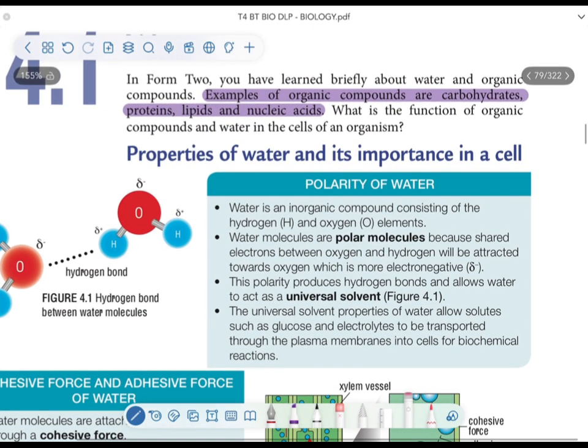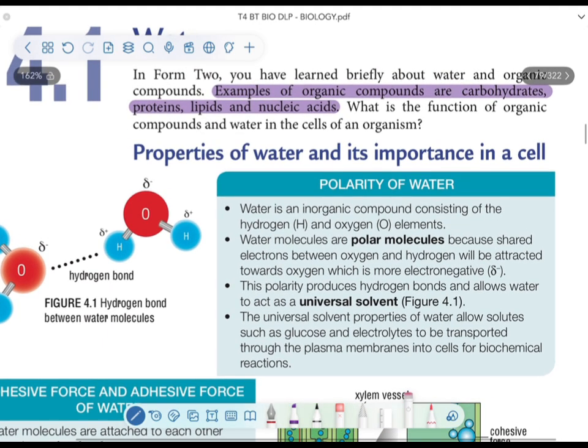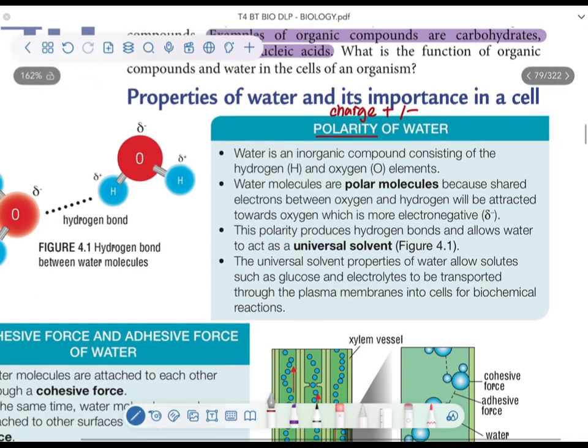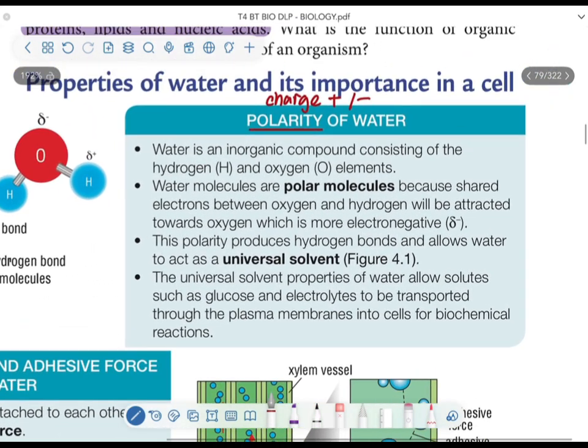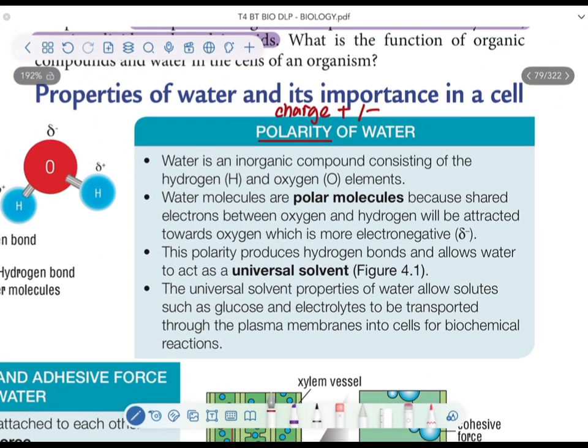So polarity of water. Let's see what polarity is. Polarity basically means it has charge, something related to the charge, which is the positive charge or the negative charge. So for your information, water is an inorganic compound that consists of the hydrogen and oxygen elements.